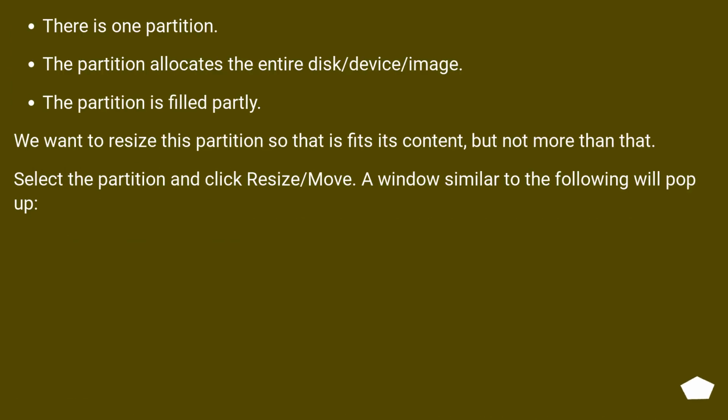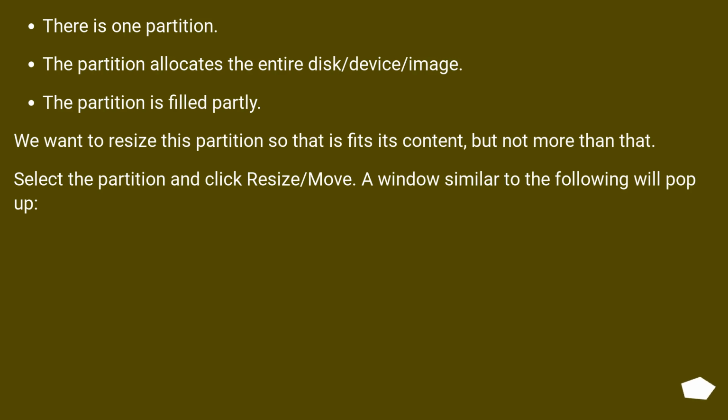There is one partition. The partition allocates the entire disk, device, or image. The partition is filled partly. We want to resize this partition so that it fits its content, but not more than that.